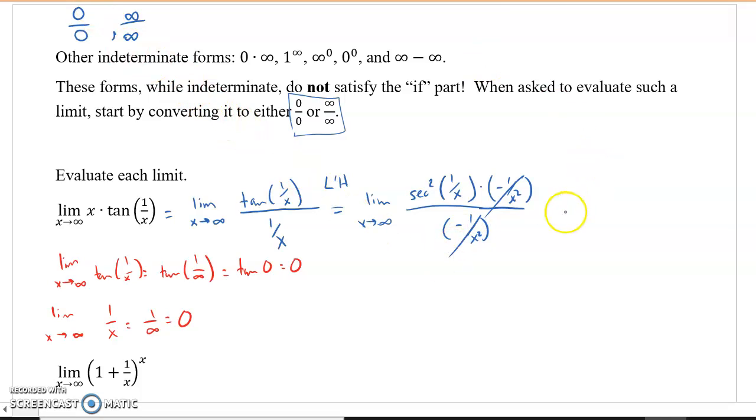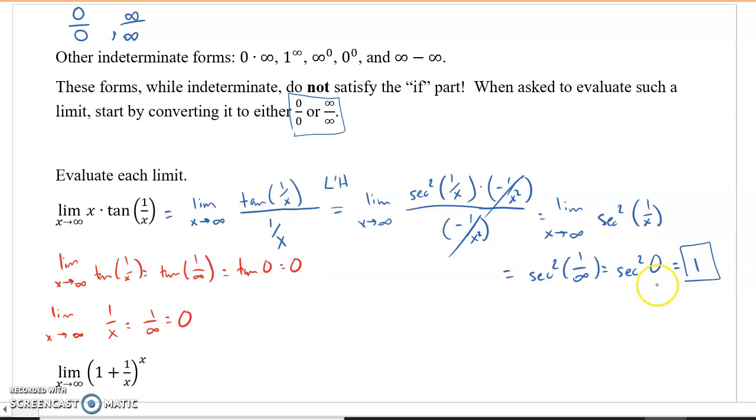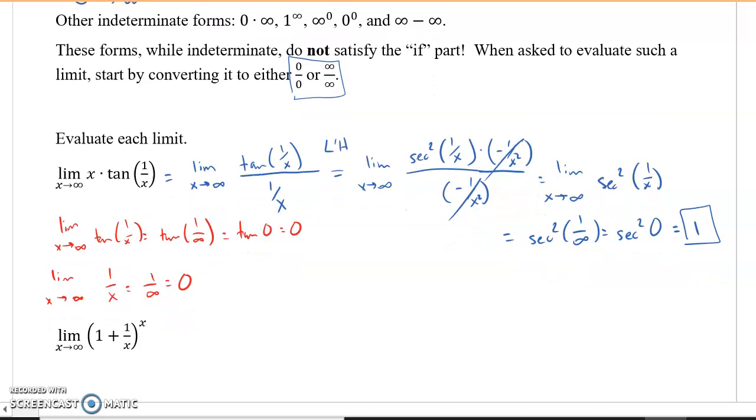And that gives us the limit as x approaches infinity of secant squared of 1 over x. But we already know that 1 over x approaches 0, so this is secant squared of 1 over infinity, which is secant squared of 0, and the secant of 0 is 1, secant squared of 0 is also 1. The answer is 1.